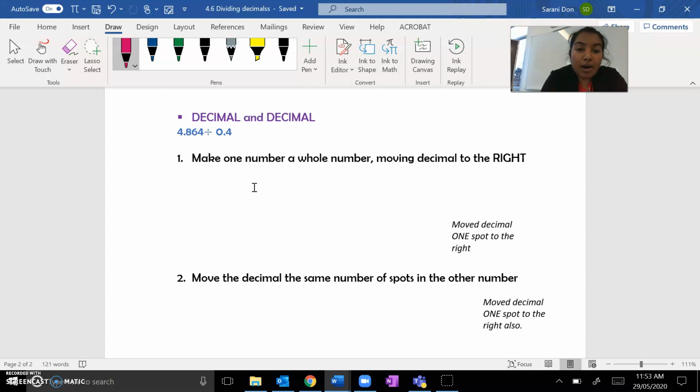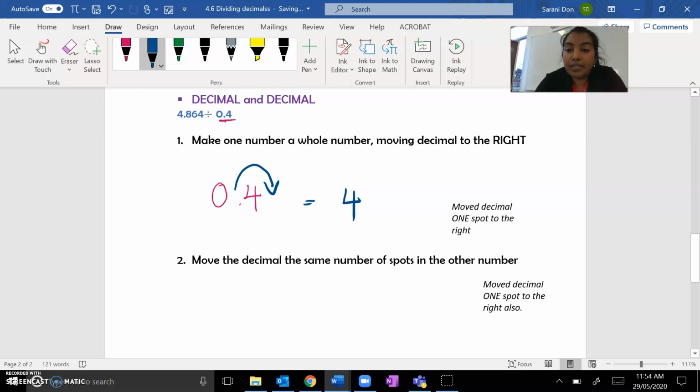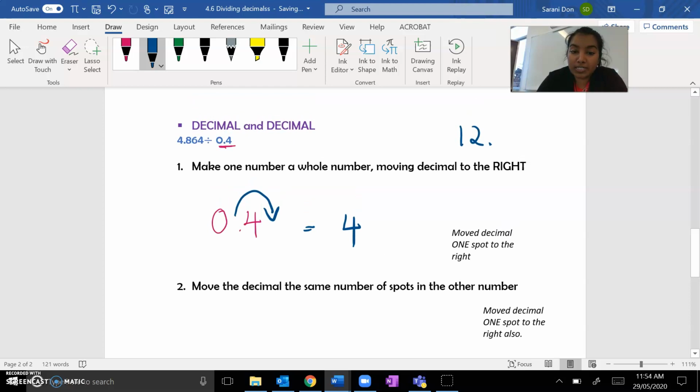I'm going to pick 0.4, and I'm going to move the decimal once to the right, making it a 4. Remember, any whole number has a decimal on the right. It's just not there, you don't have to show it. So this 4 can be written as 4.0 or just 4.